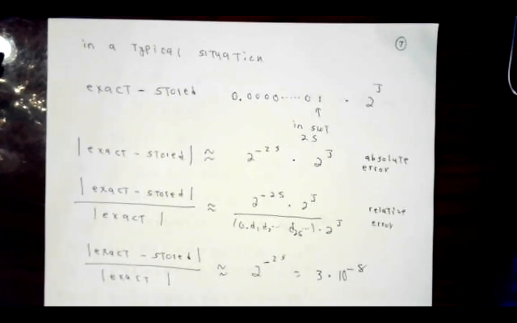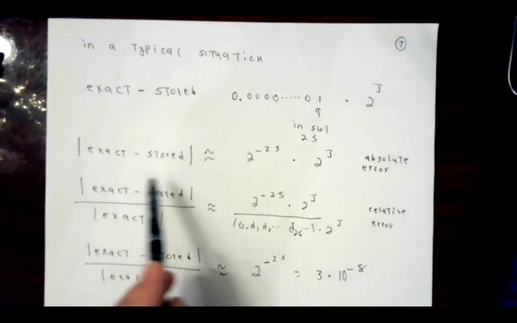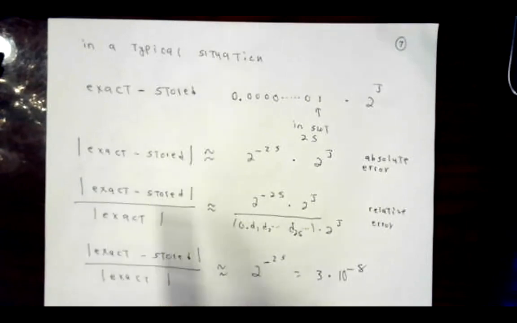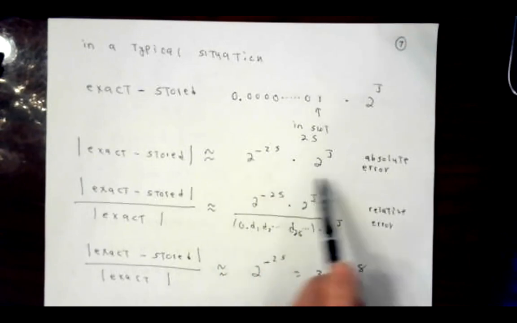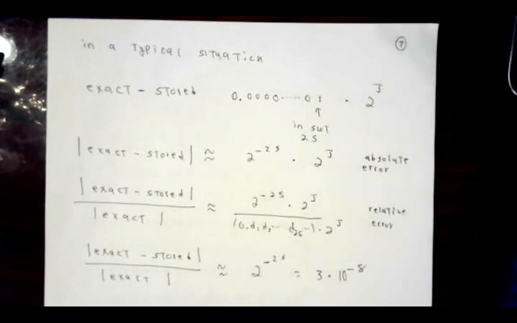The absolute error is the absolute value of this difference, which, as we've seen before, is going to be roughly 2 to the negative 25 times 2 to the j. Now, because of that 2 to the j, this absolute error could be really big or it could be really small, but that's hard to tell the meaning of.